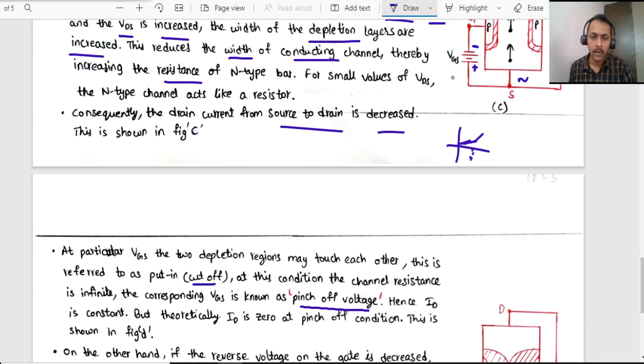Pinch off voltage, because the width of the depletion layer has increased more and more. The resistance has increased more and more. No current will flow further, right? So that voltage is called pinch off voltage.